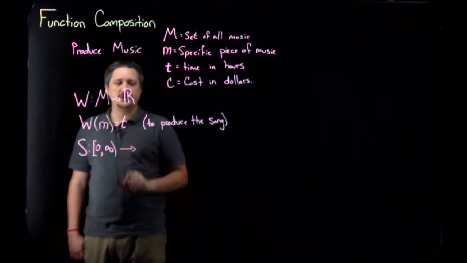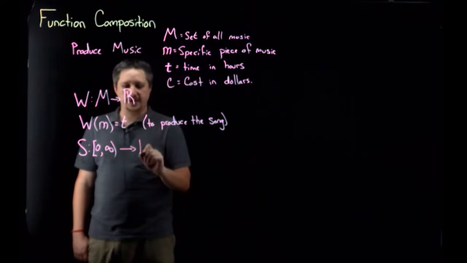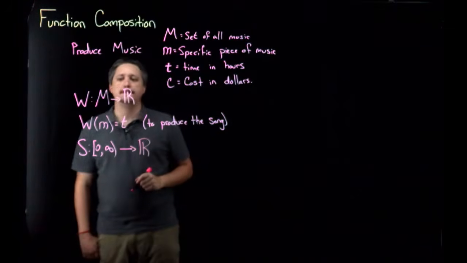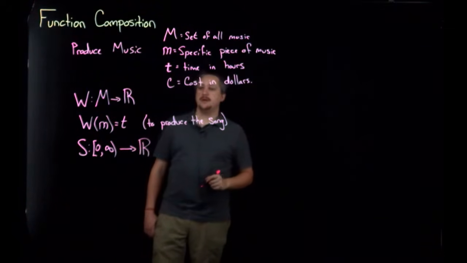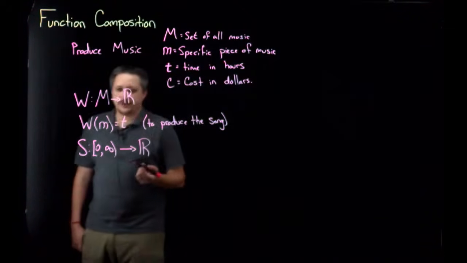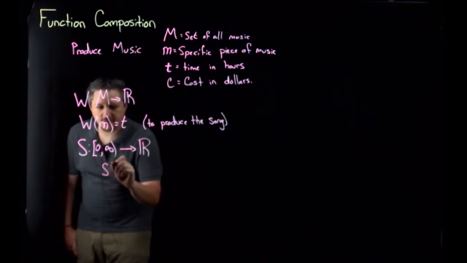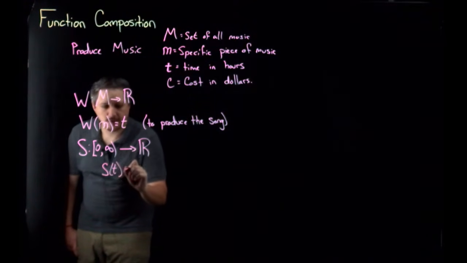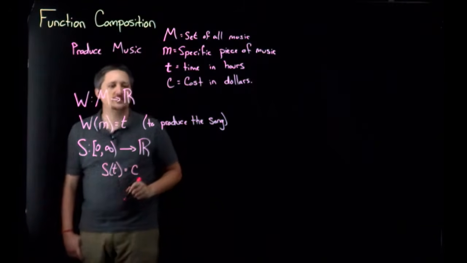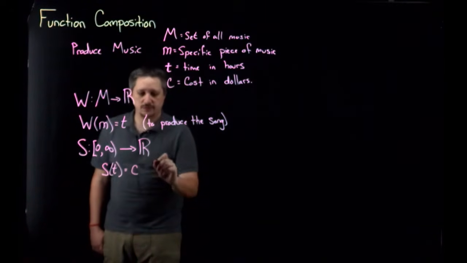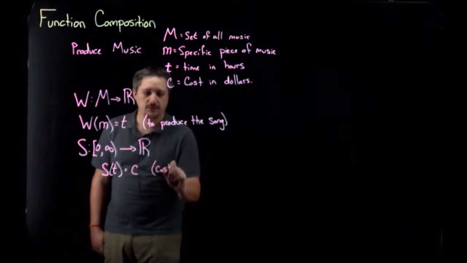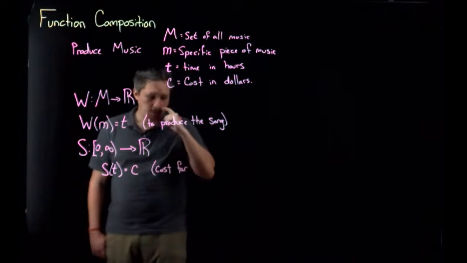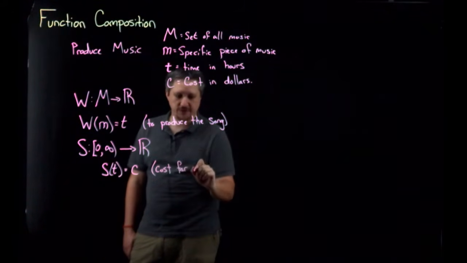And it's going to give out the cost, which again is some real number. And the way it does that is it will take in some time t, and it will spit out some cost: cost for amount of time.